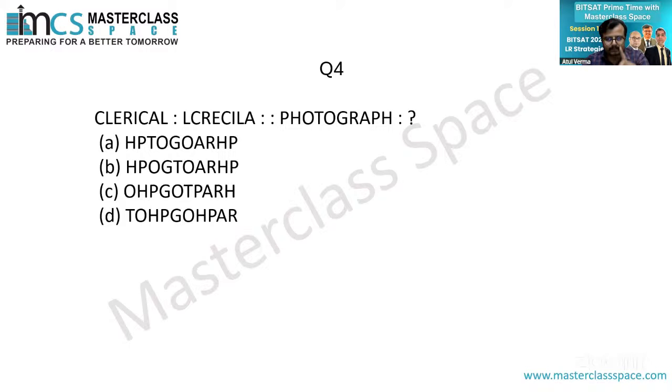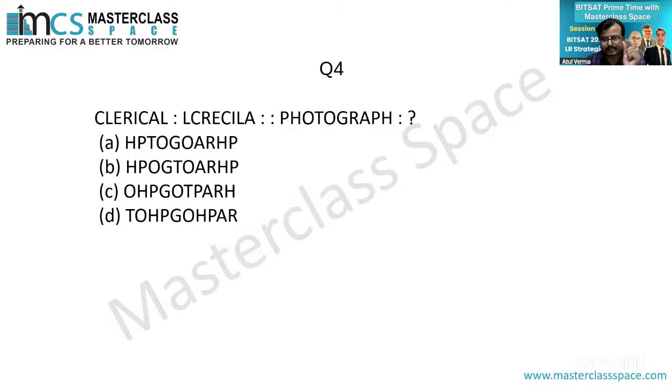But here, another pattern is visible. What is that pattern, my friends? If you see the initial two alphabets, CL, they have been interchanged as LC. In the second word, they just got swapped as LC.